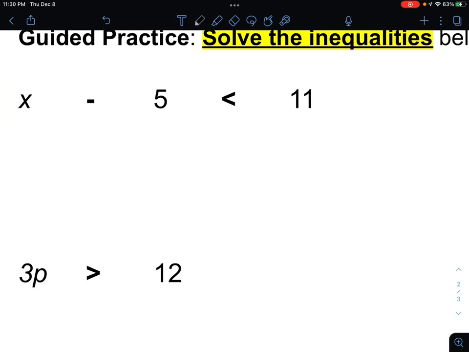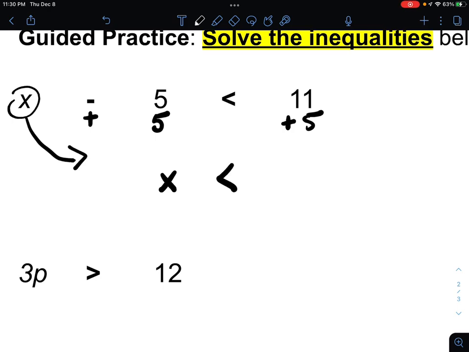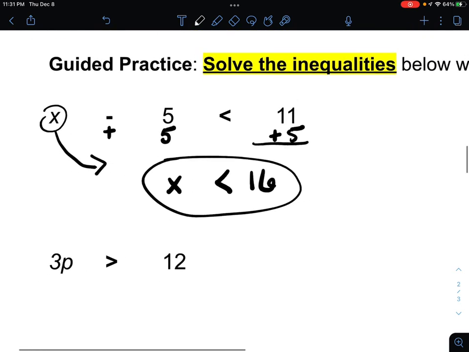So add 5 to both sides, because these will cancel each other out. I'm left with just x. So I have x is less than 11 plus 5, which is 16. And again, what does this mean?